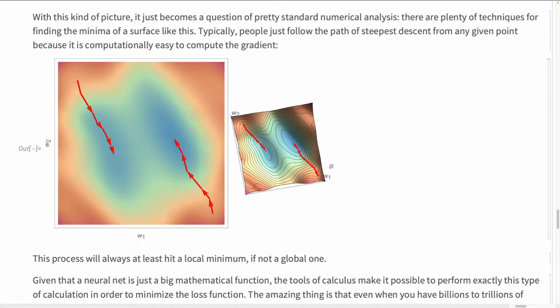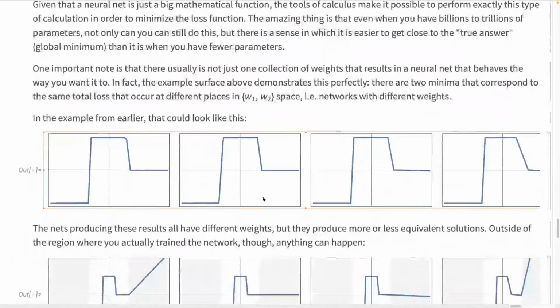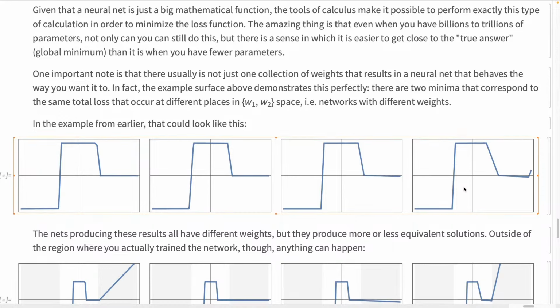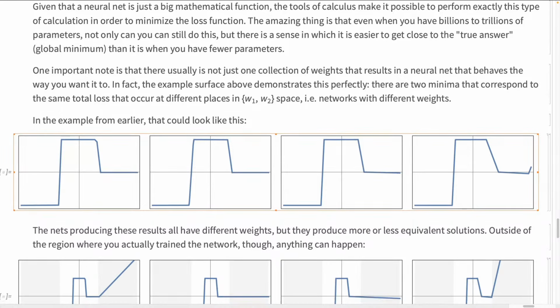And it's also nice that you have all these different parameters available, and there are many different places in parameter space that you could get to that could minimize your error, or at least solve your problem. So these might all have slightly different total errors, but they all more or less solve the problem. I expect that this one has a little bit higher of an error, but they all more or less solve the problem. So these are all positive things about the machine learning process.